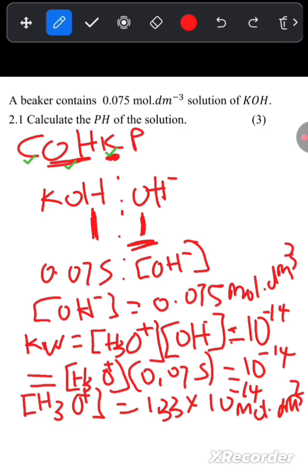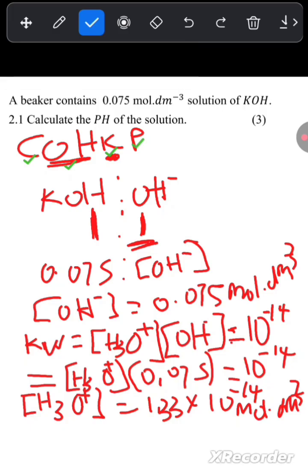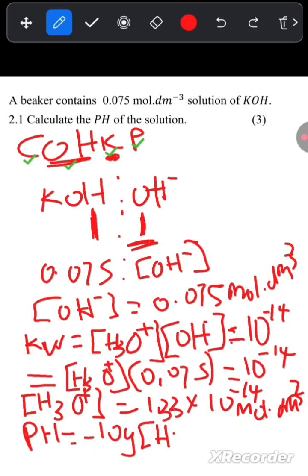After getting the concentration using the KW formula, now use the pH formula. Okay, now pH is equal to negative log concentration of hydronium ions. Right?